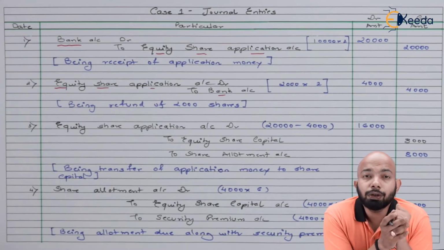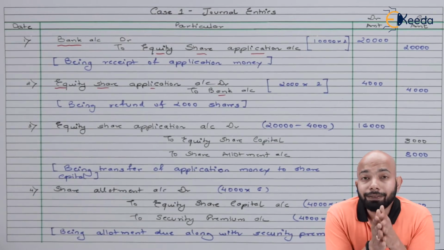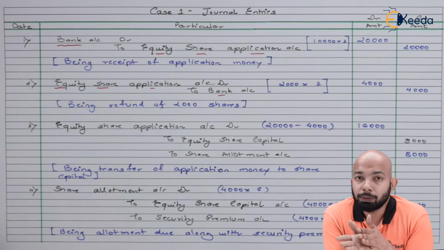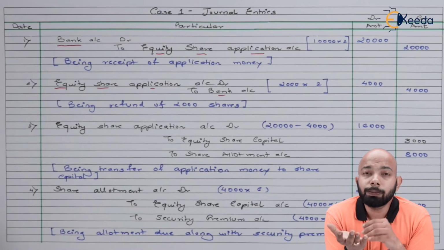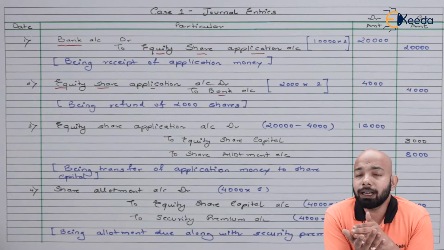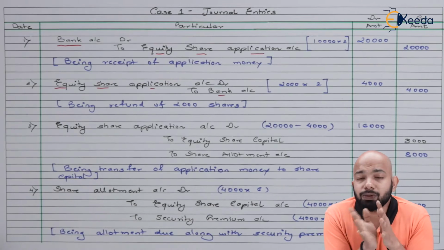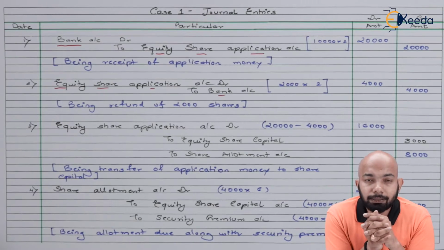That needs to be transferred to equity share capital. So the third entry will be the amount that we have received here has to be moved to equity share capital, and the balance that will be left after transferring that amount will be a part of share allotment adjustment. So let's pass that entry, and that will be number 3 entry here.